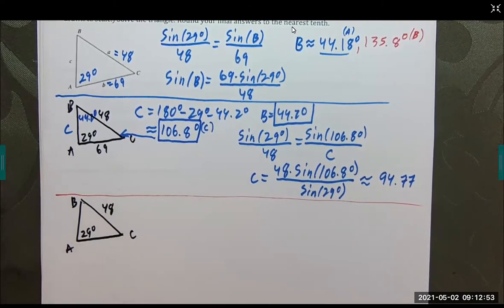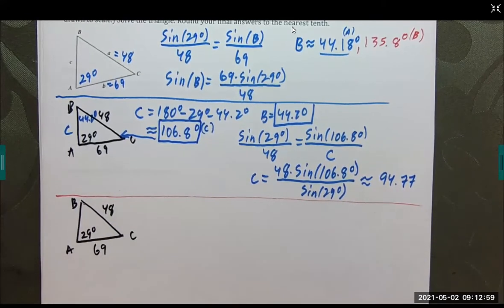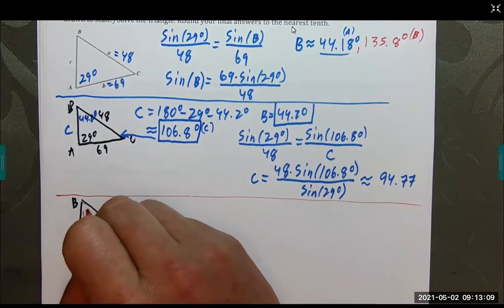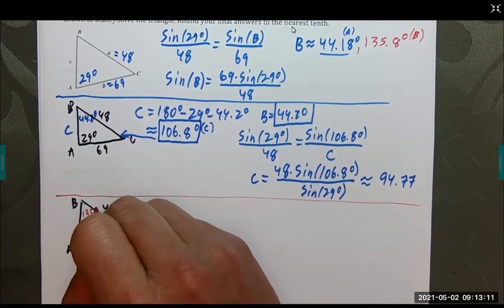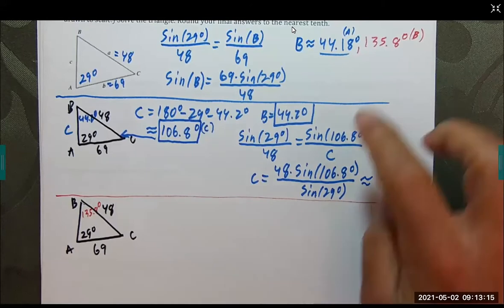My triangles are clearly not drawn to scale, so. And we are going on the assumption that angle B is now 135.8 degrees from up here.